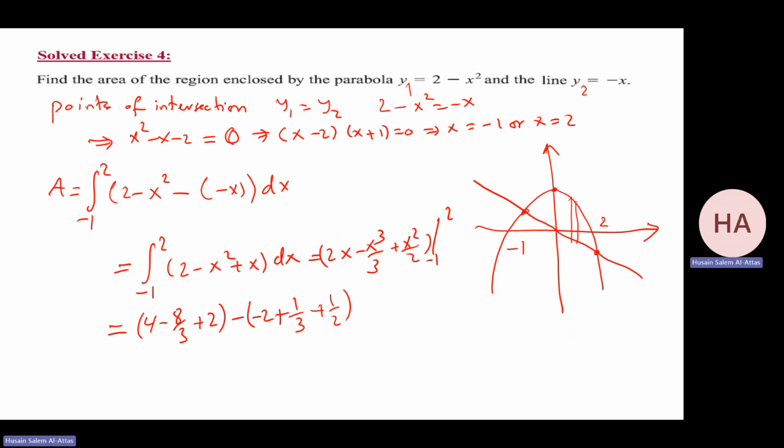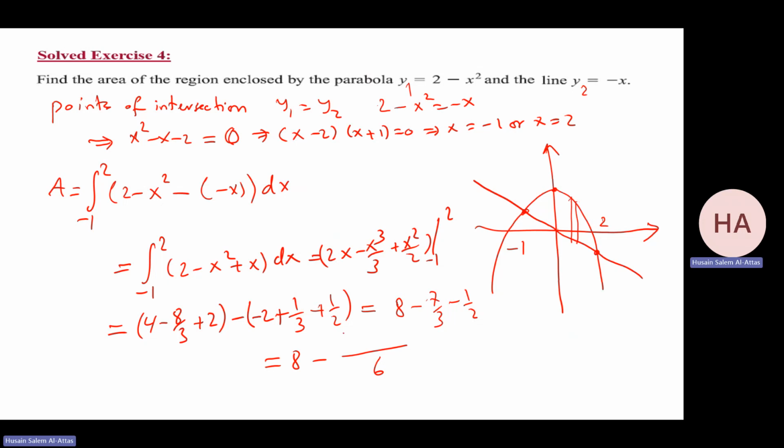Yeah, if we do the calculation, that gives me what? I have 4 plus 2 plus 2, that gives me 8, minus 8/3 minus 1/3. That gives me minus 7/3 minus half. Yeah, do the calculation. 8 minus, this is over 6.